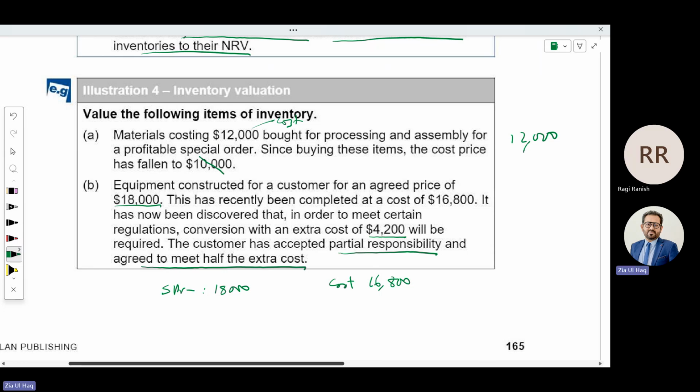That means the customer will pay 2,100. What is the selling price? What is the cost now?